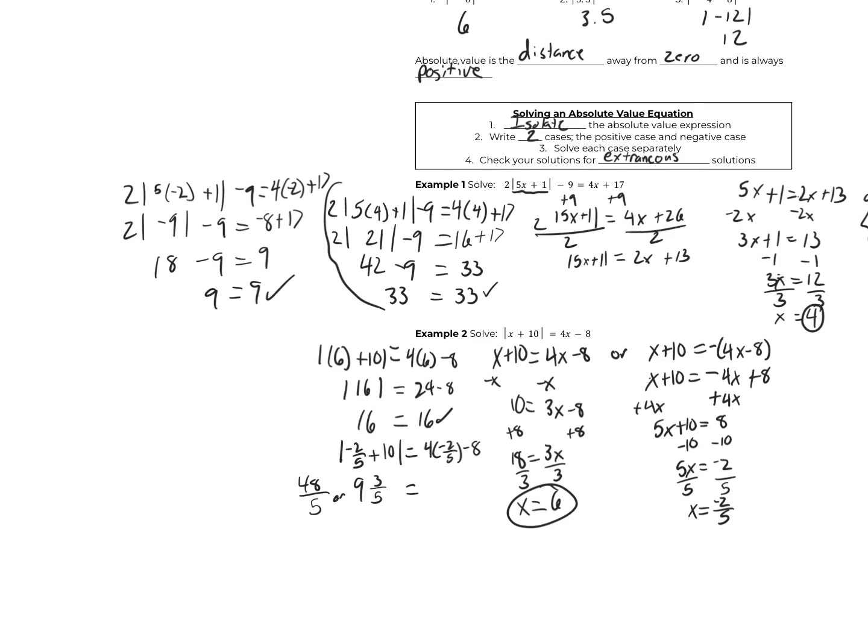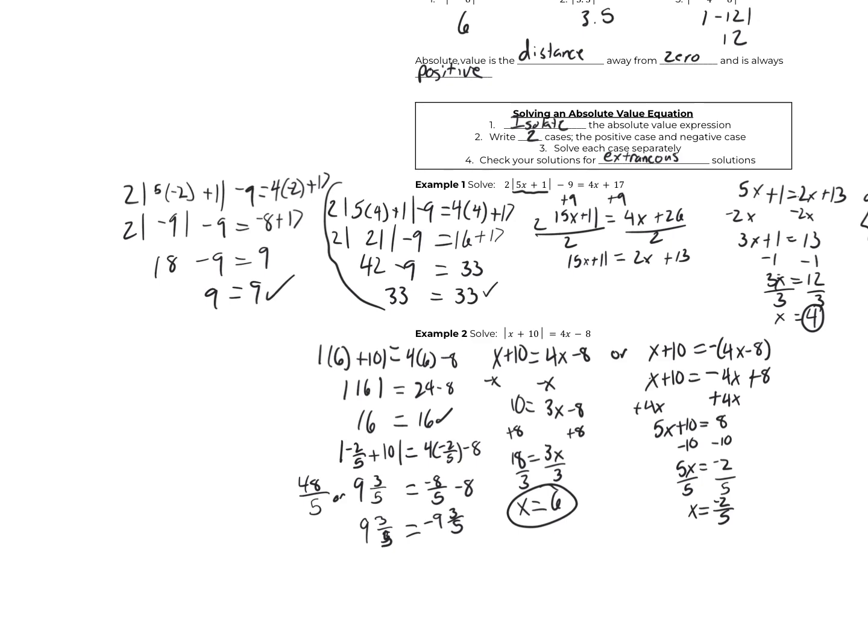And then here, 4 times negative 2/5 is negative 8/5. And negative 8/5 minus 8 is, let's see, that is going to be negative 9 3/5. All right, so 9 3/5, and this is going to be negative 9 3/5. Those are not the same.